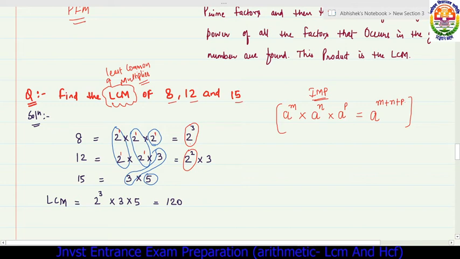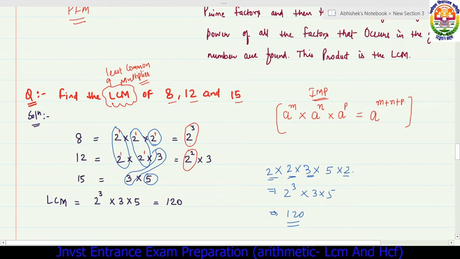So how many 2s are there? There are three 2s into 5 into 3. The answer comes 120. How do we calculate? 2 to the power 3 is 8, 8 times 3 is 24, 24 times 5 is 120.